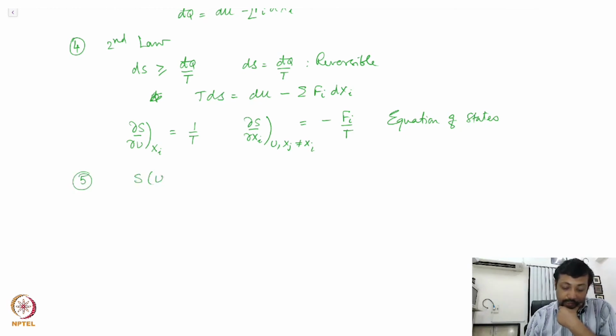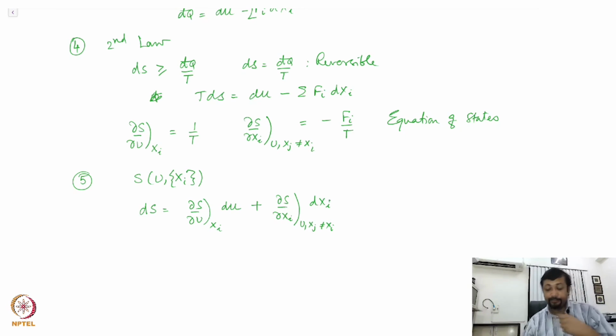If you are given S as a function of U and xi, then you can write down dS as del S del U, xi held constant, dU plus del S del xi, U and xj not equal to xi held constant, dxi, right? And then you can immediately relate it with these derivatives.